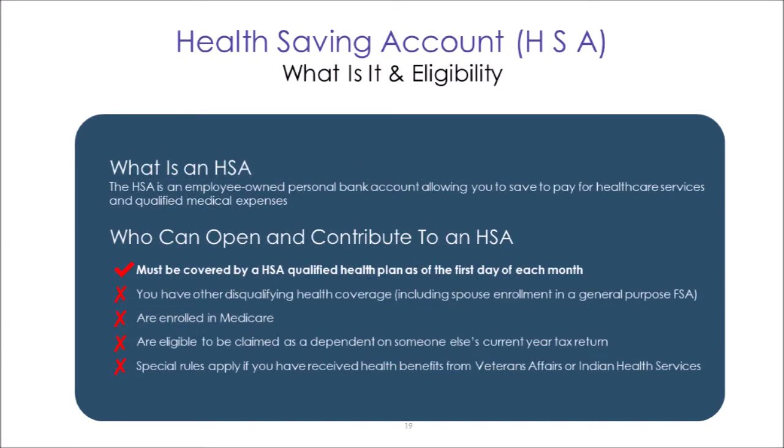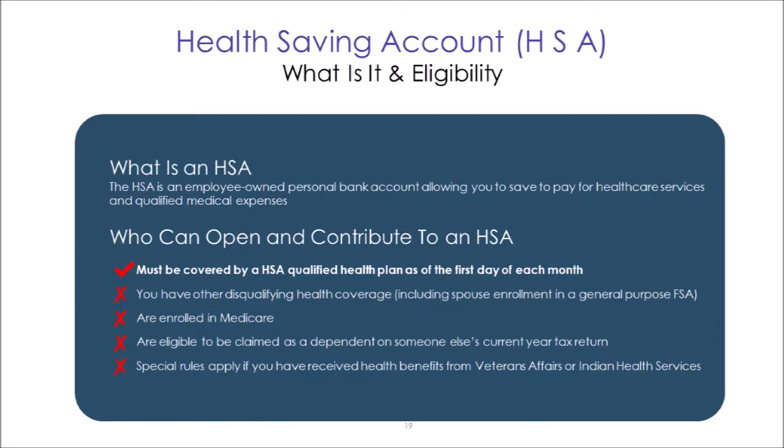What is a health savings account and who is eligible? A health savings account, or HSA for short, is your personal bank account that you can set aside money to pay for your healthcare services and qualified medical expenses. Because of the tax-favored status of the HSA, you must meet the eligibility requirements.